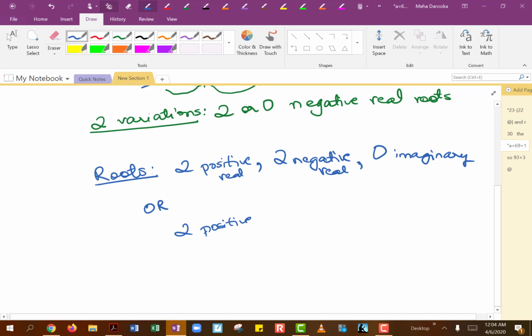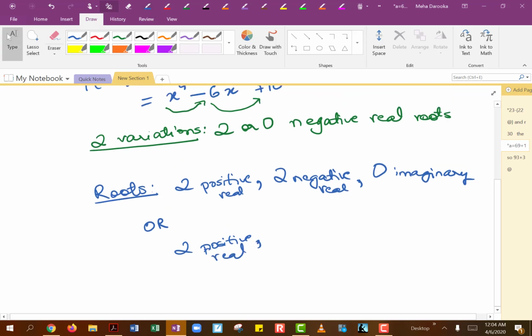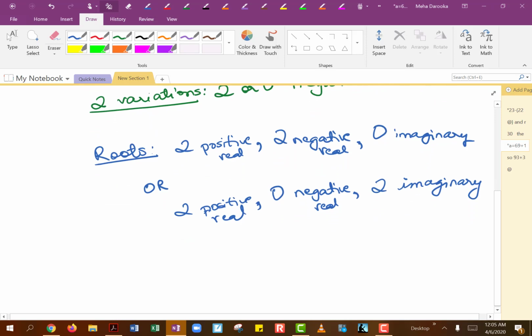Or you could still have 2 positive real roots, but instead of having 2 negative, what if we have 0 negative real roots? So if you only have 2 positive, 0 negative, that means we have just room for 2 imaginary roots, right?